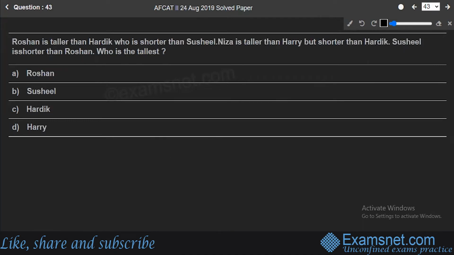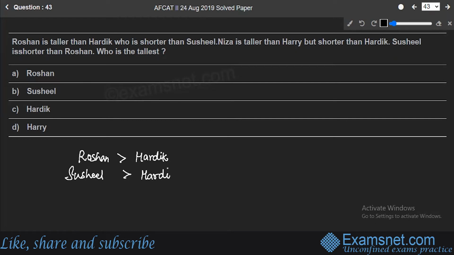Question number 43. Roshan is taller than Hardik, who's shorter than Sushil. Niza is taller than Harry, but shorter than Hardik. Sushil is shorter than Roshan, who is the tallest. So see, let's write it like this. First of all, you are having Roshan is taller than Hardik and Sushil is taller than Hardik.